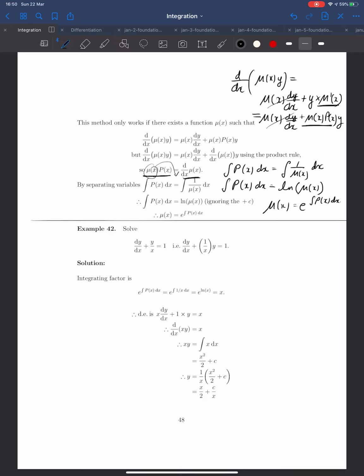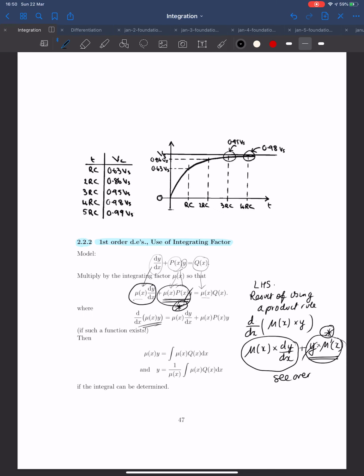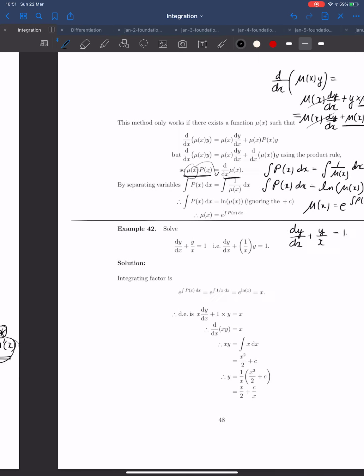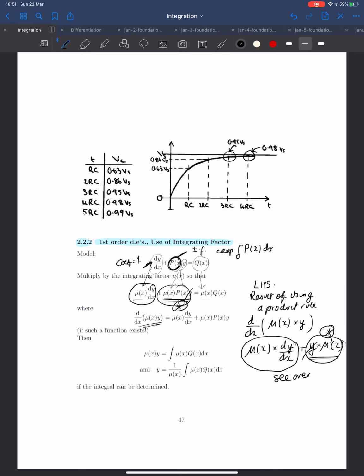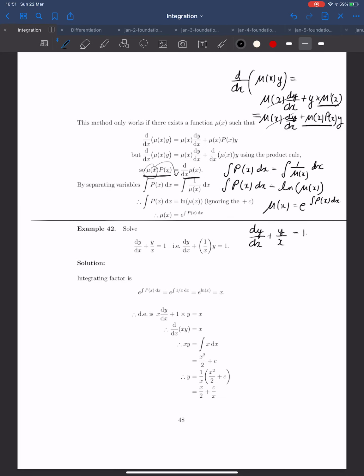Here, right, so what we've got to do, we've got dy by dx plus y over x equals 1. Okay, if you remember, the coefficient of dy by dx there is 1, and that's important. And then the integrating factor that we end up with is the exponential of the integral of p of x dx.